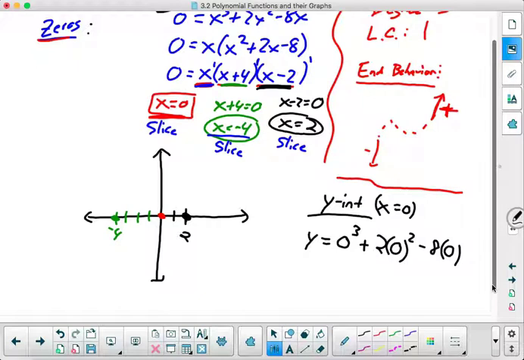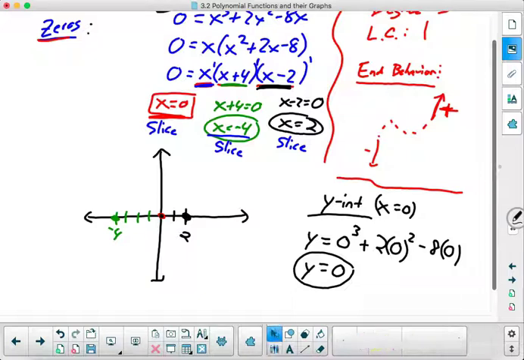This is kind of simple, but what's 0 plus 0 minus 0? You're going to get 0. So I have a y-intercept of 0. And you actually already see that right there in the middle. That y has to be 0. It's going to have a y-intercept there at 0, which we already kind of maybe knew a little bit.